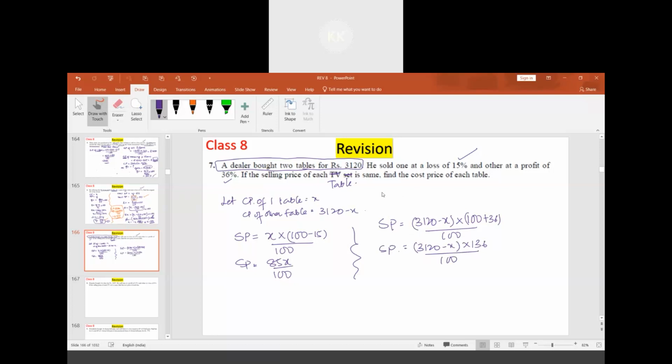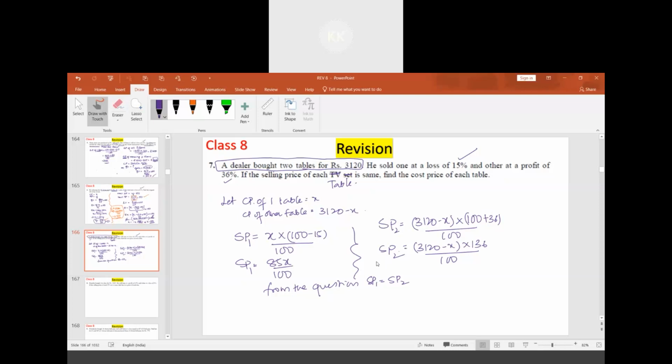As per the given question, the selling prices of both are equal. If I name this as SP1 and this as SP2, from the question, 85x upon 100 is equal to 3120 minus X into 136 upon 100. So we are equating it.